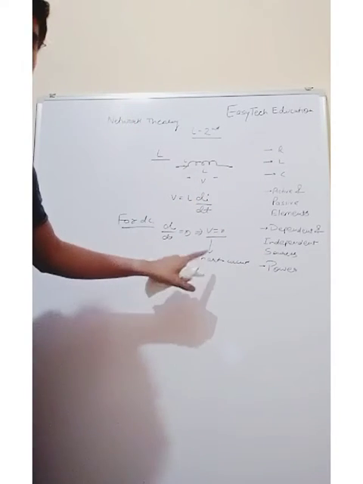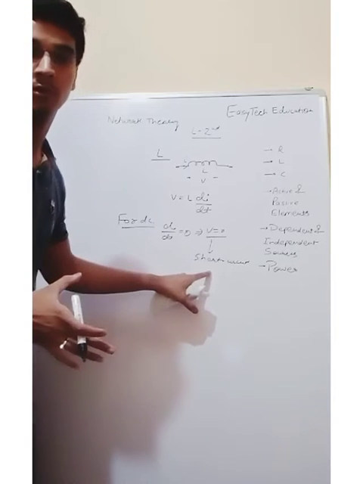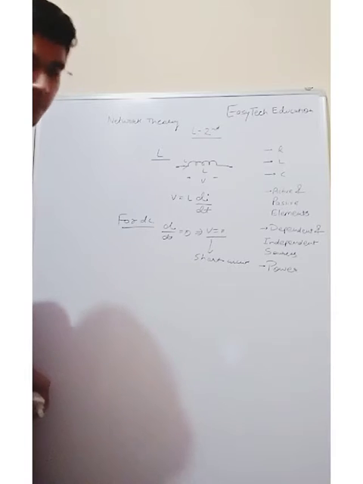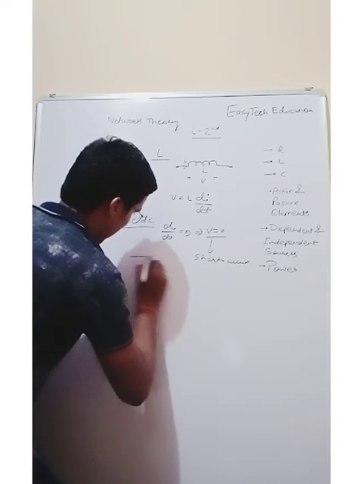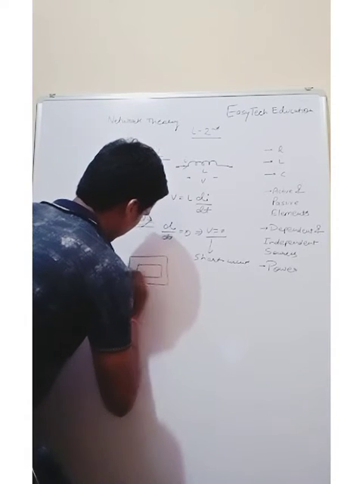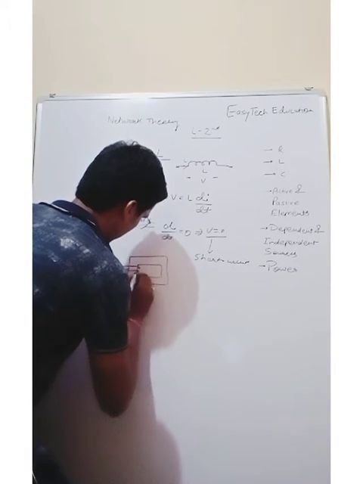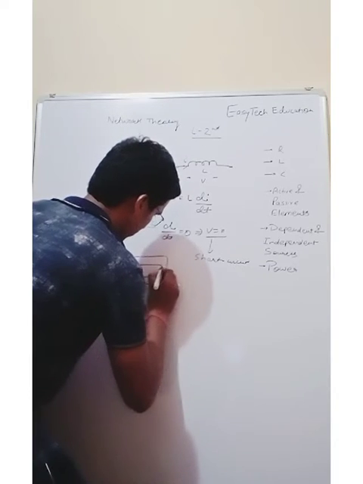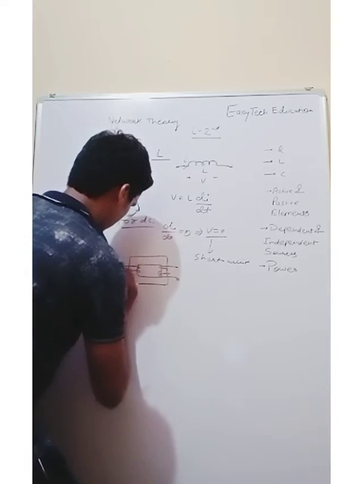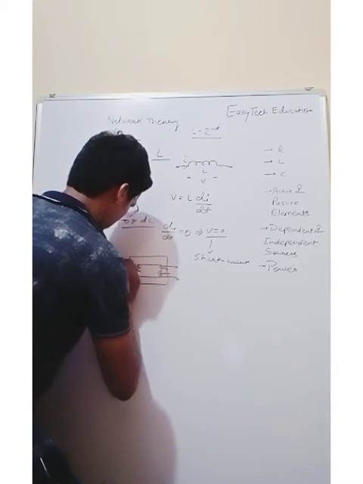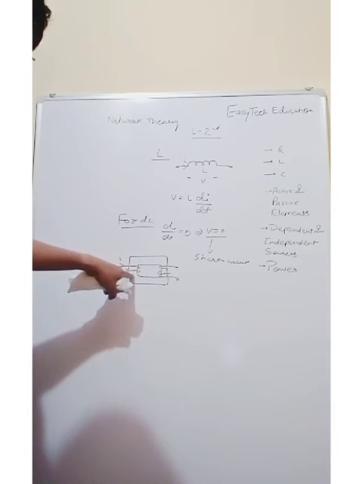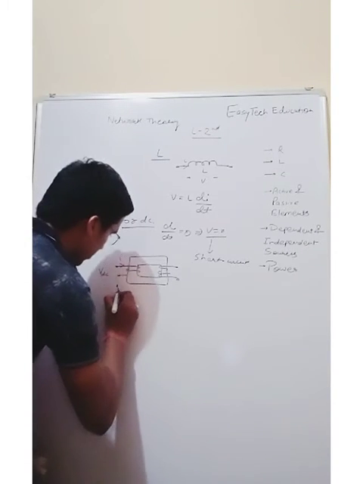And this is the primary reason that we cannot apply DC input, DC supply, at the primary of the transformer. Whenever you give DC supply to the primary of the transformer, the voltage will be equal to 0.